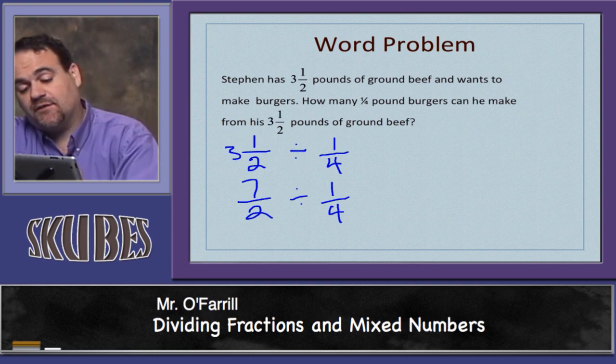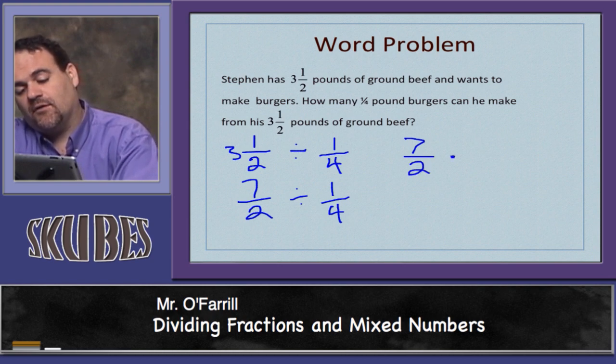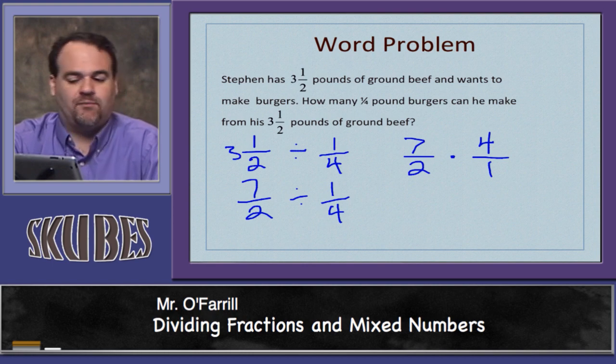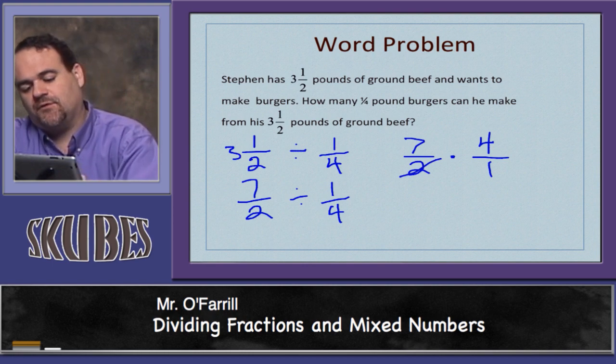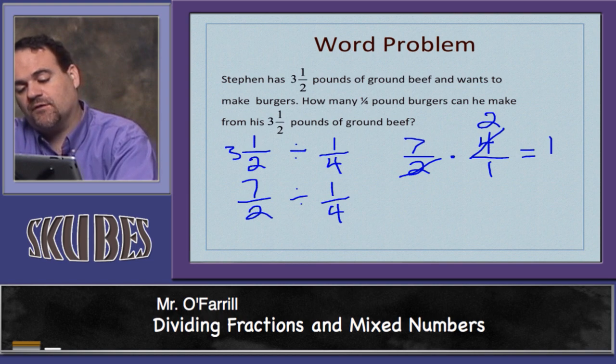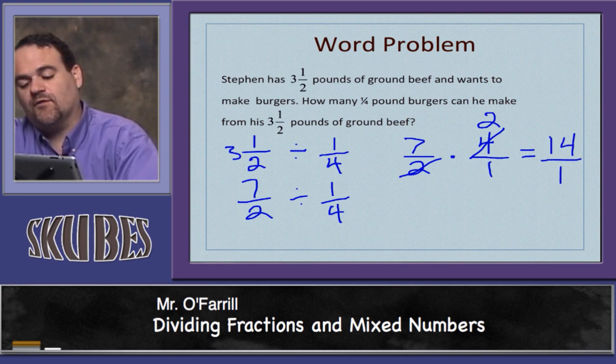And now we'll keep, change, flip. 7/2 times 4 over 1. And finally, we actually do have something extra we can do. There is something in common between the top and the bottom, because the number 2 goes into 4 2 times. We end up with 7 times 2, which is 14, over 1.